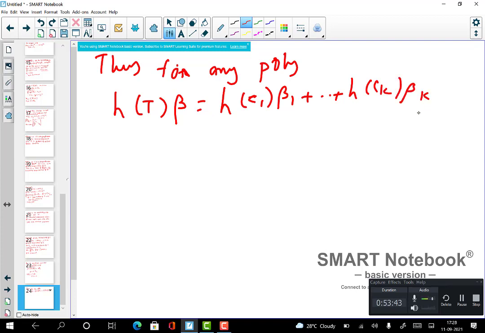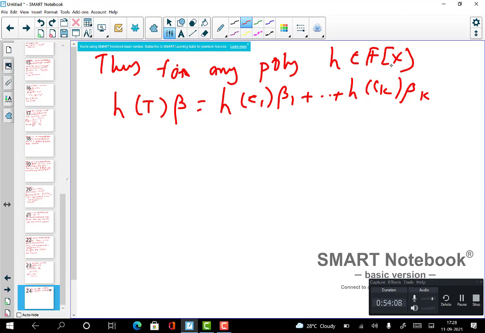This is the simple observation that if c is an eigenvalue for operator T, and you choose a polynomial f, then f(c) will be an eigenvalue for the operator f(T). And this is true for any polynomial h belonging to the polynomial algebra.